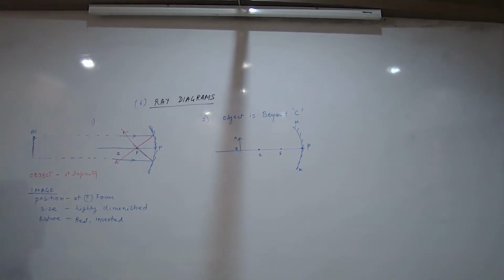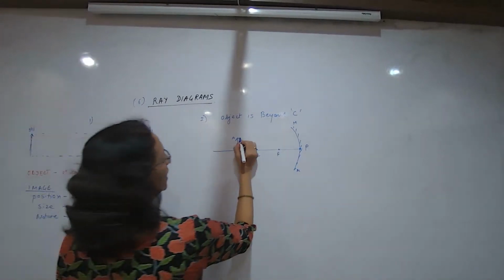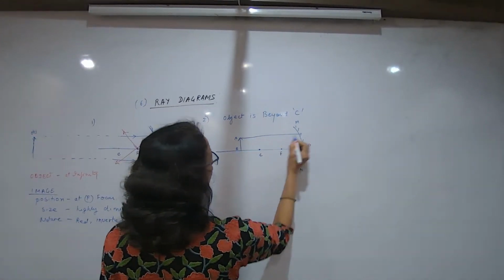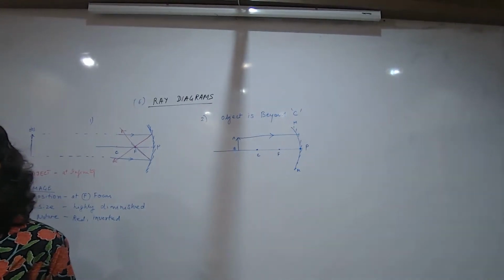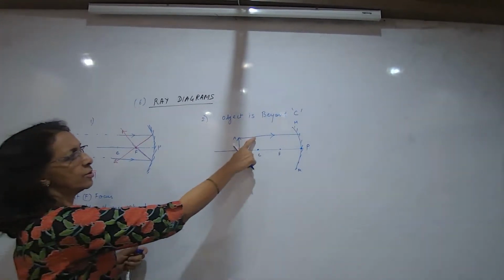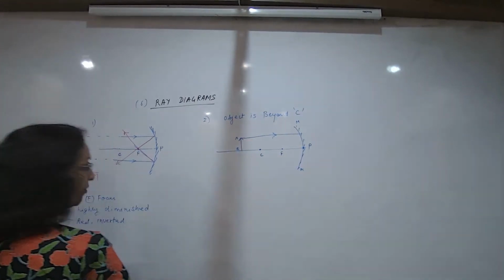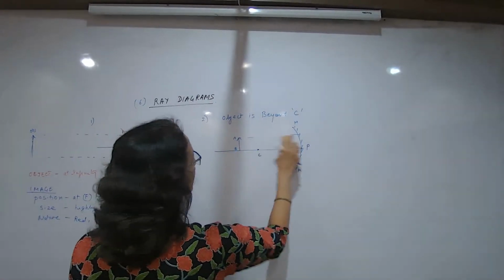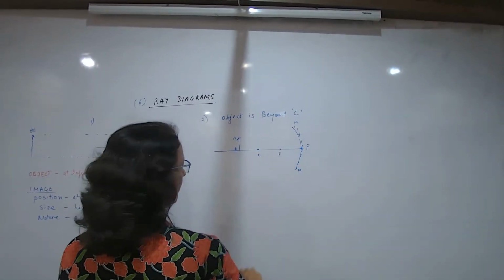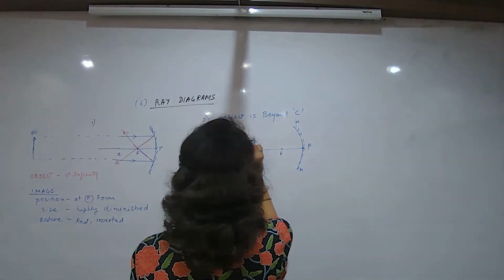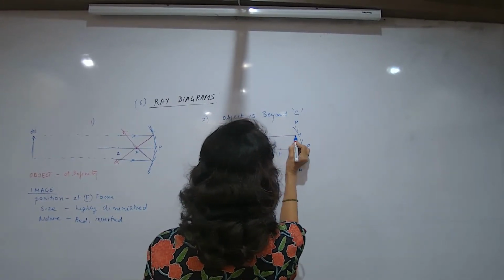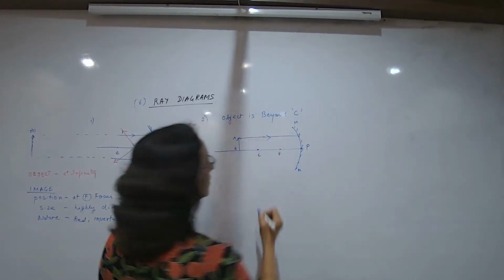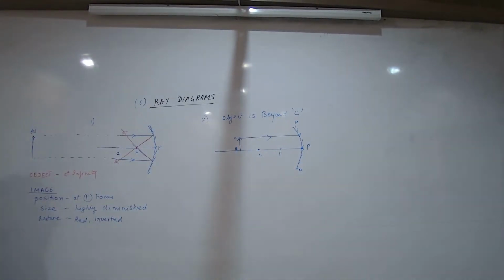Okay, let's see what is going to happen here. From the tip of the object, I have a straight line indicating your incident ray parallel to the principal axis. I'm sorry, it's not very parallel. Let me draw a better figure. Okay, it's better.